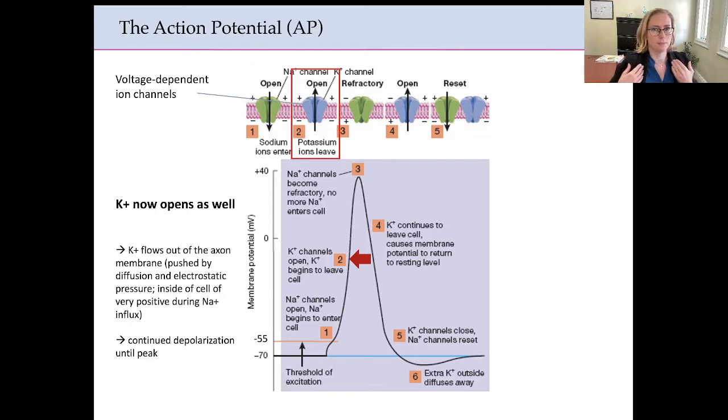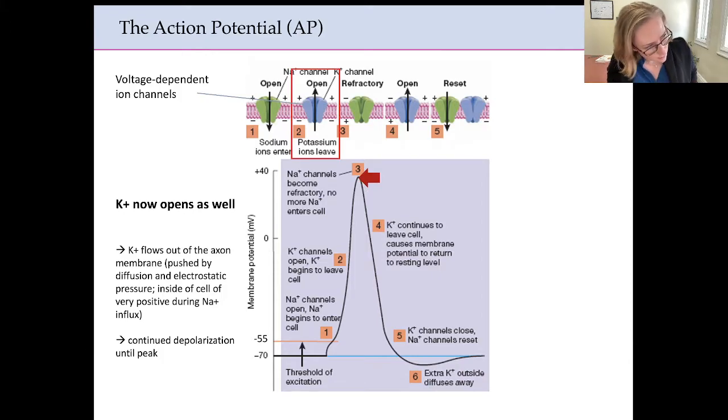So sodium in, potassium out, the opposite of the sodium-potassium pump. Potassium flows out of the axon membrane. It's also being pushed by diffusion and electrostatic pressure. And this entire process of sodium in, potassium out, continues until we reach plus 40.